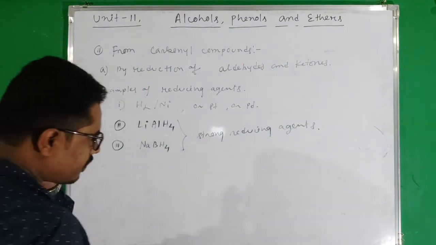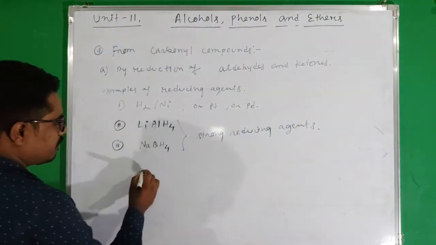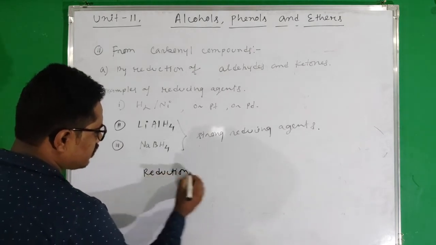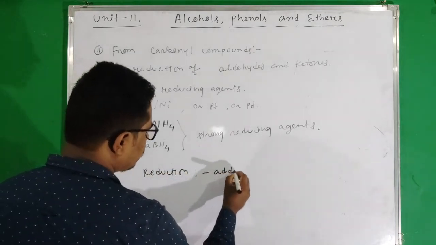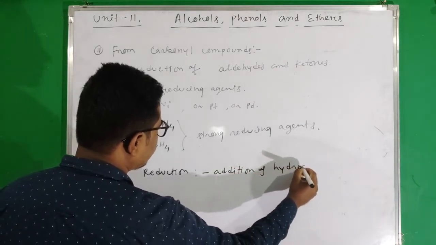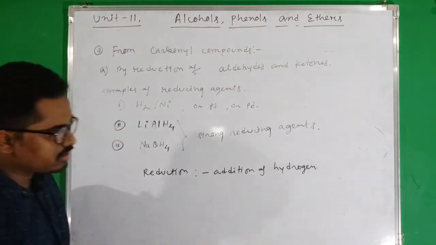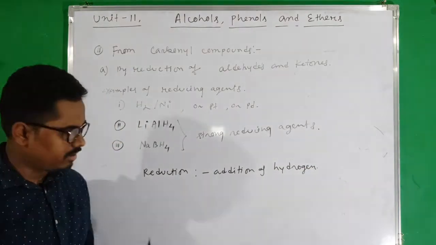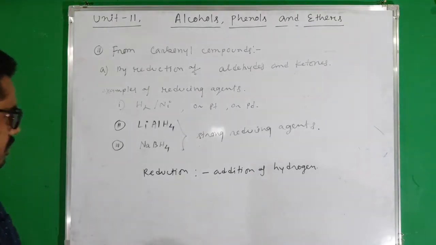And you always remember that in organic chemistry reduction means addition of hydrogen. In organic chemistry we will use the classical concept of oxidation and reduction: reduction means addition of hydrogens.